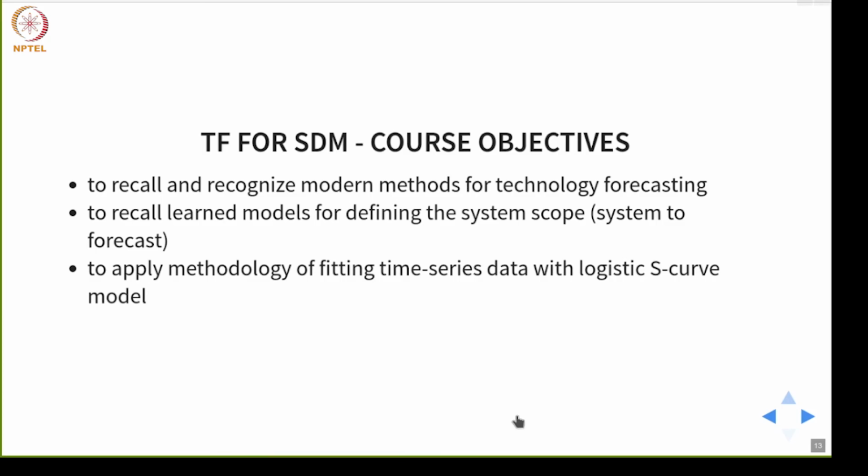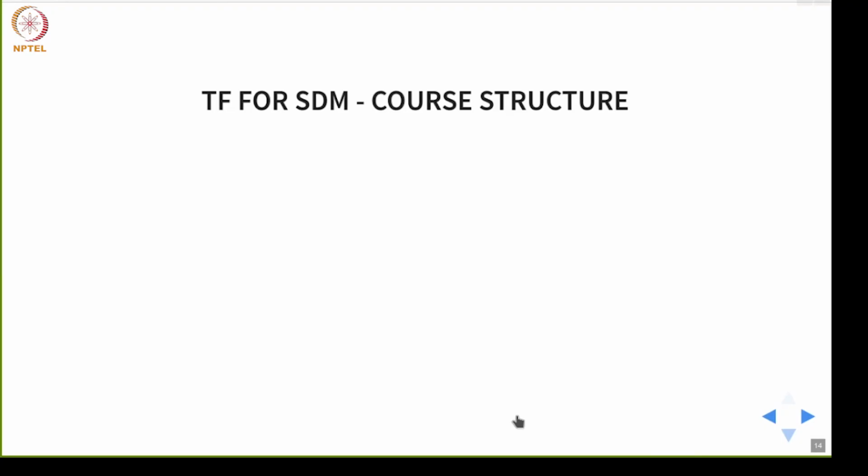We will cover many examples and cases to illustrate all these, to make sure that these objectives are met during the course itself. As I hinted at the start of this introduction, this module will cover the introduction to the technology forecasting methodology.